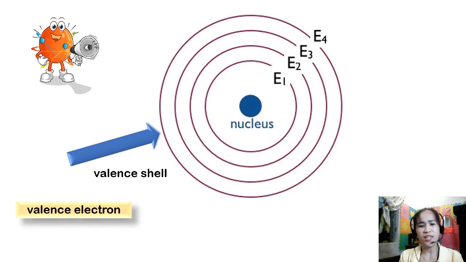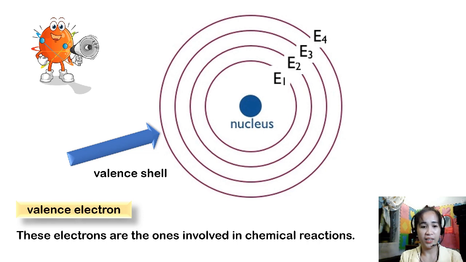Again, valence electrons are the ones involved in chemical reactions. So yung makikita nyo na electrons in the outermost shell is the valence electron, which is responsible or involved in chemical reactions. So the chemical properties of an element depends on the number of valence electrons.